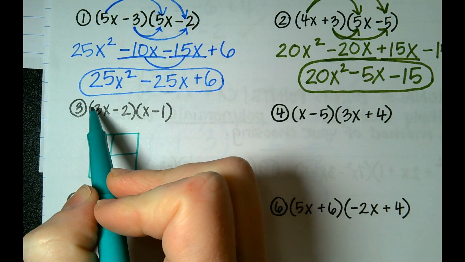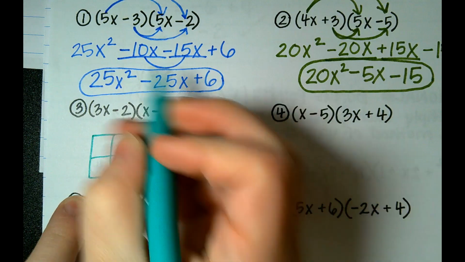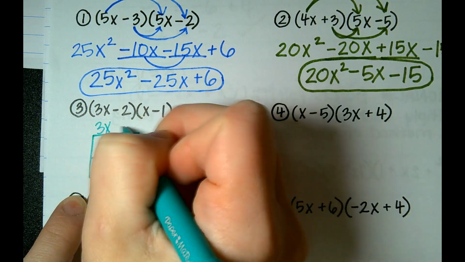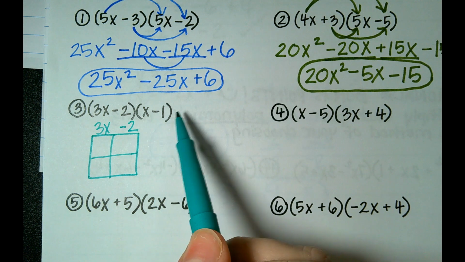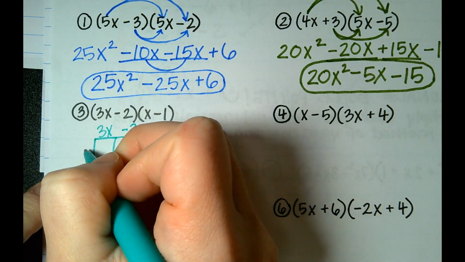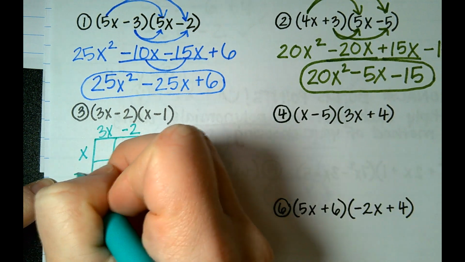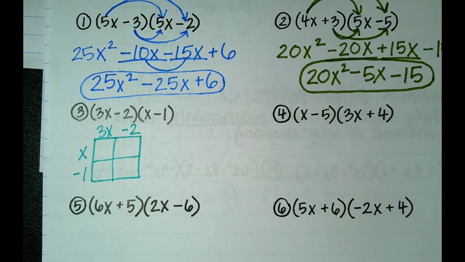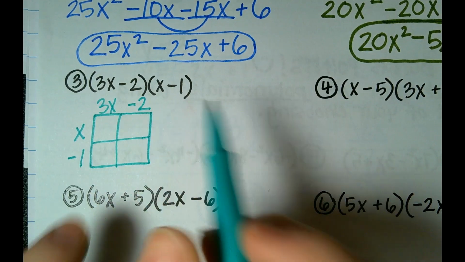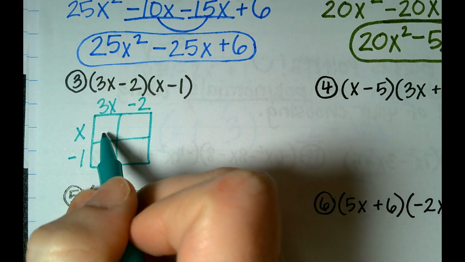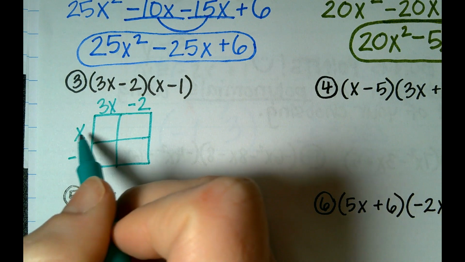And I'm going to write my first two terms on top. I've got 3x and minus 2. And my second two terms go down here, x minus 1. So looking at the way I have this set up, what gets multiplied in this first box?